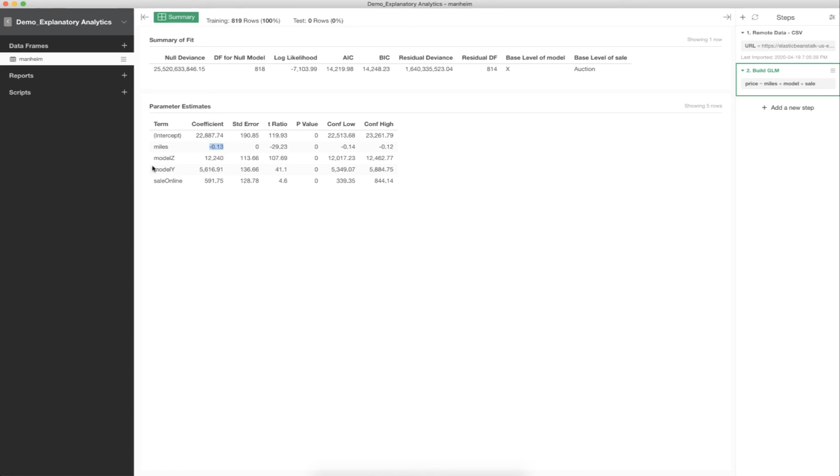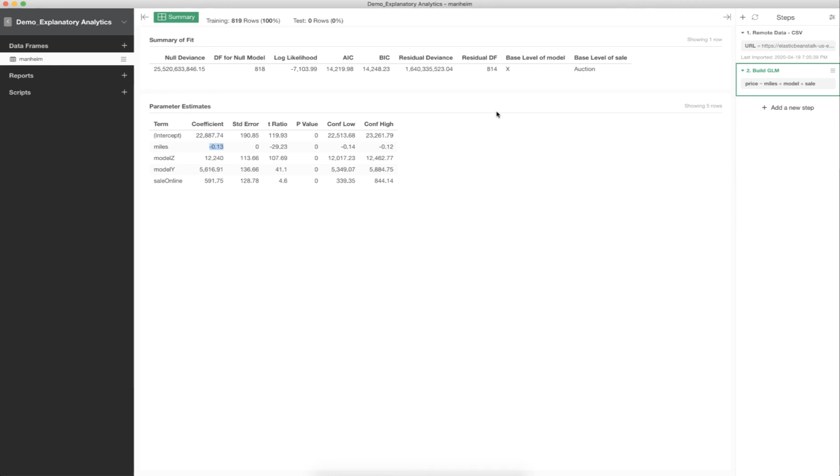Model, however, is different. Model is text data, it is string data, or it can be considered to be categorical data, right? Model X, Model Y, and Model Z are 3 different types of cars. And what the coefficient of these variables tell you is how the price of Model Z and Model Y cars differ, right? But they have to differ from some sort of base value.